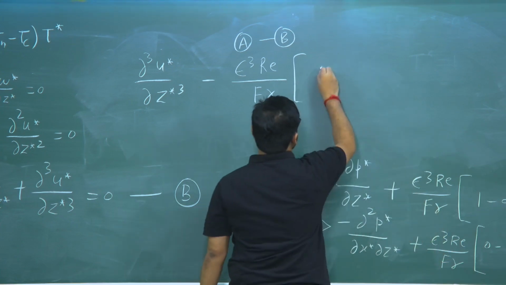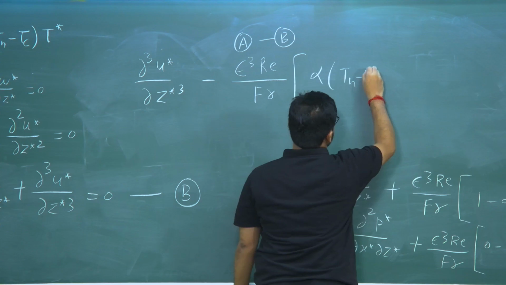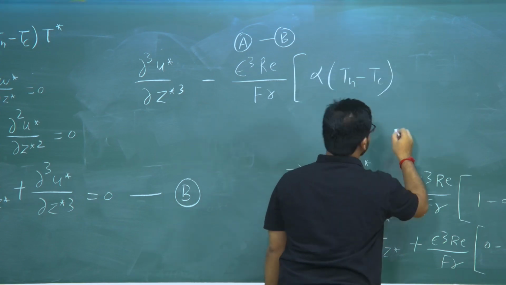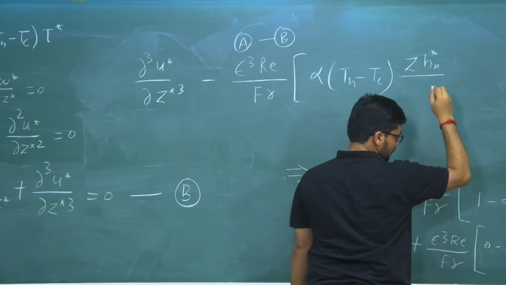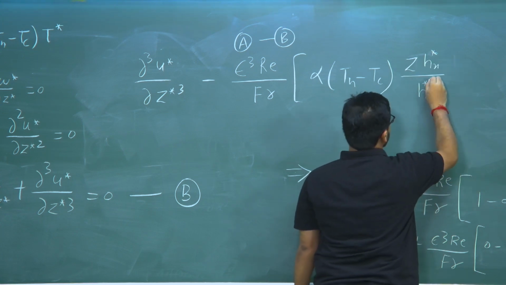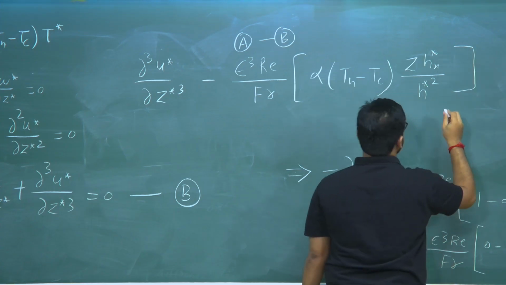So, this will be alpha T h minus T c times z times h x star upon h star square. This is equal to 0.